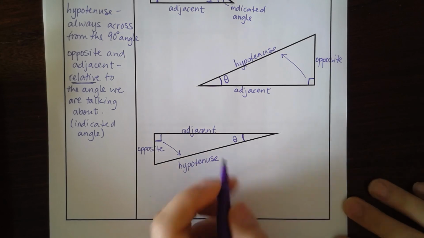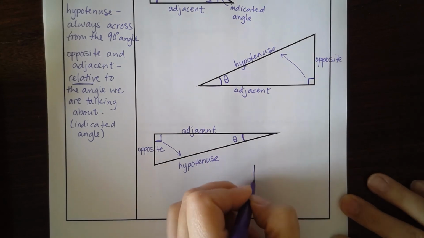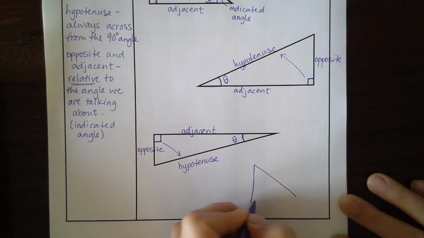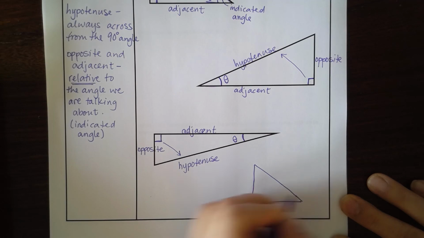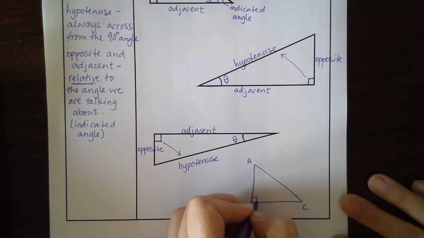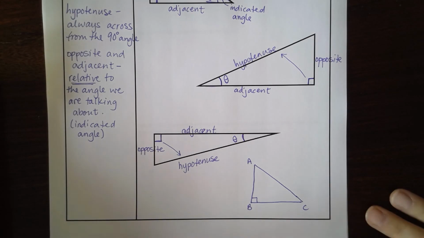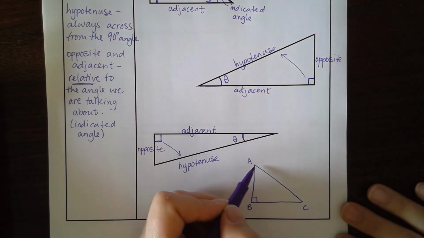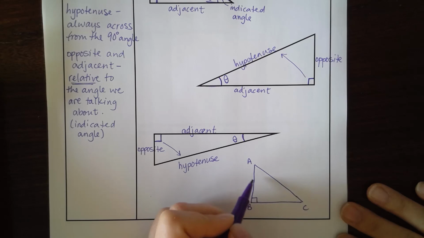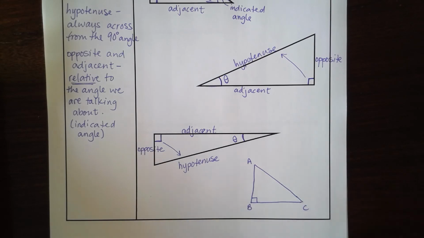One more little tidbit of information that I'd like you to be aware of is how we name side length. So if this is triangle ABC, we'll make this one a right angle triangle. It doesn't have to be. It can be for any triangle. We can pick an angle and we can say which one's the opposite, which one's the adjacent, and which one is the hypotenuse.